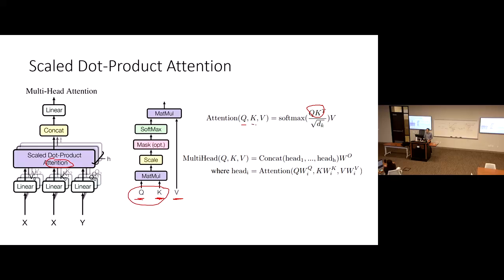By the way, they all use horizontal vectors, so that's why you see Q times K transpose, but this is a dot product. What they compute here is basically the cosine similarity.